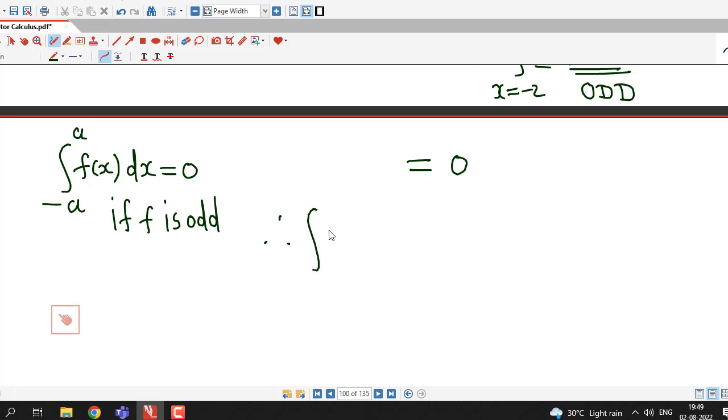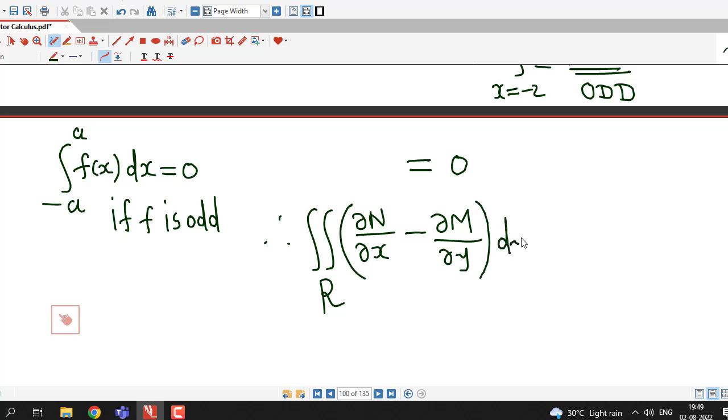Therefore, we write that the double integral over R of del n by del x minus del m by del y is also having the same value as the line integral has. So we give this number 2.